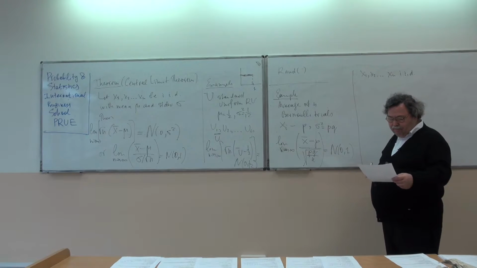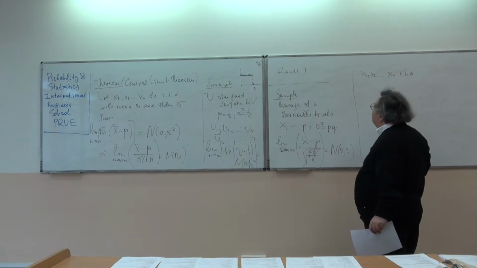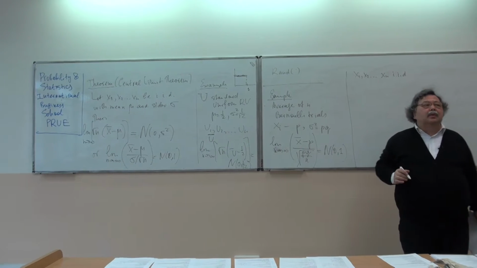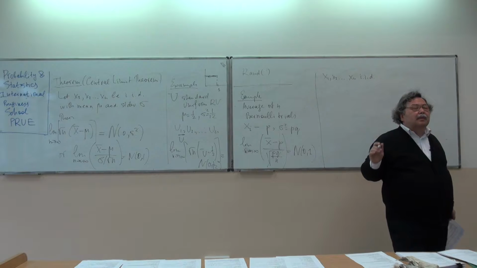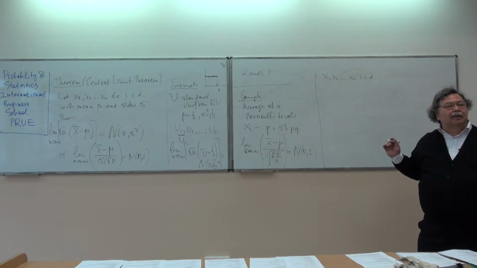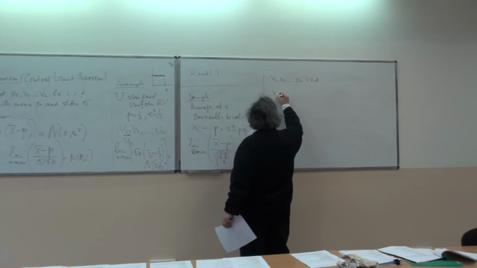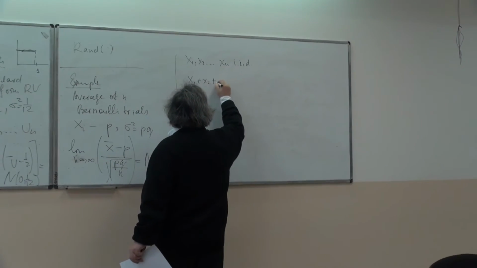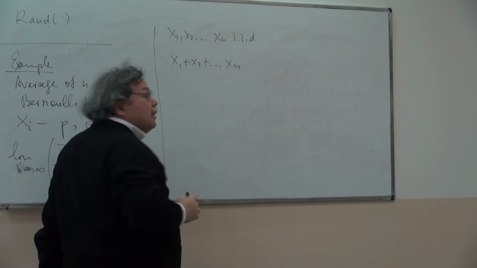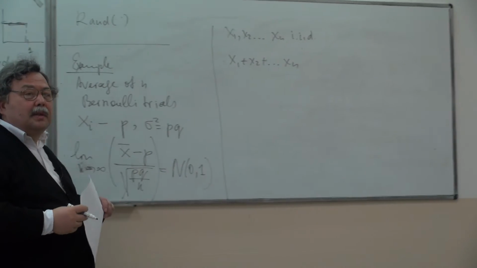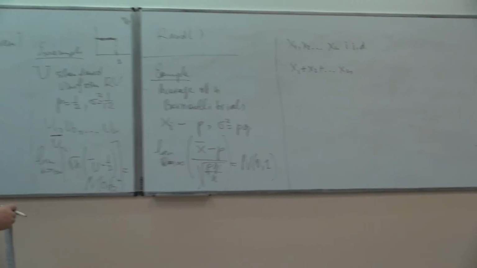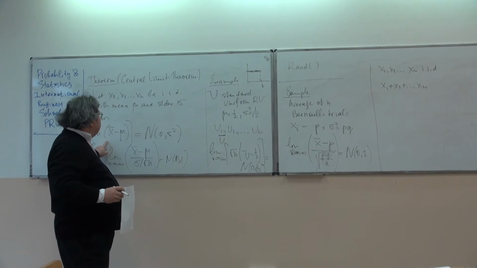And, well, we do not assume that they are normal or something. We just assume that they are independent and identically distributed. And let's consider just the sum, not the average, not x bar, just the sum. Okay?